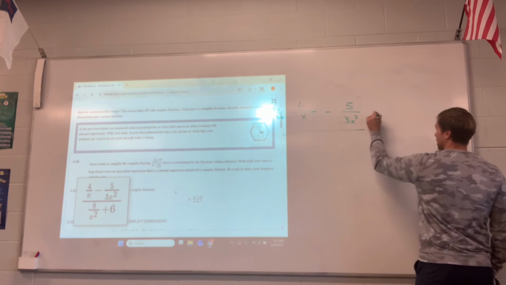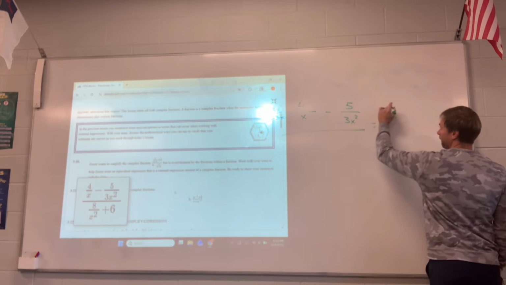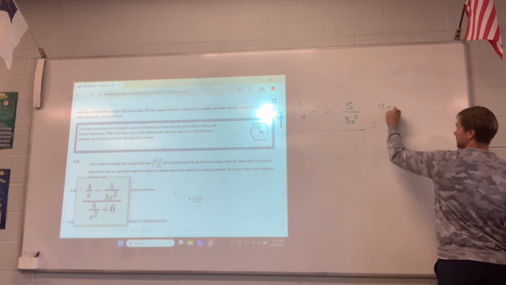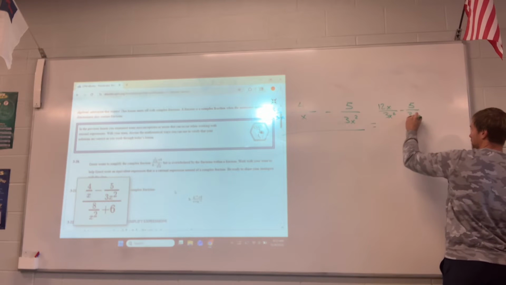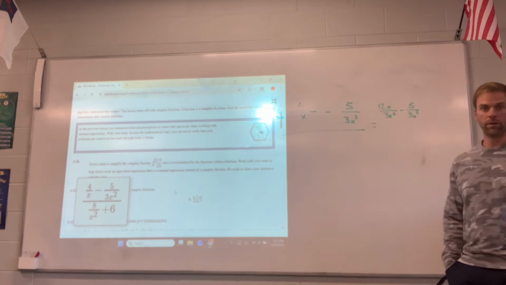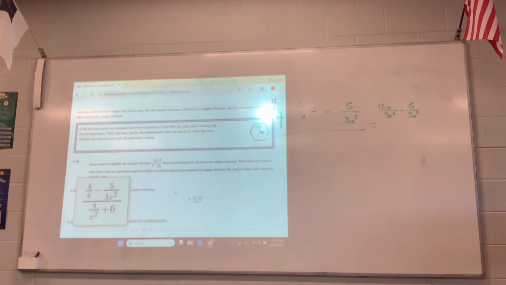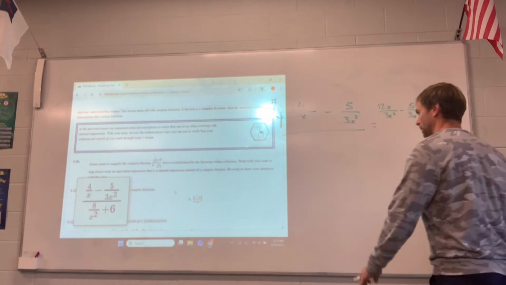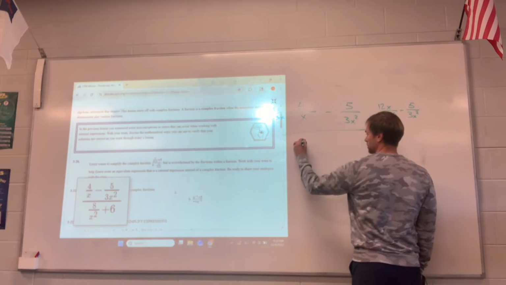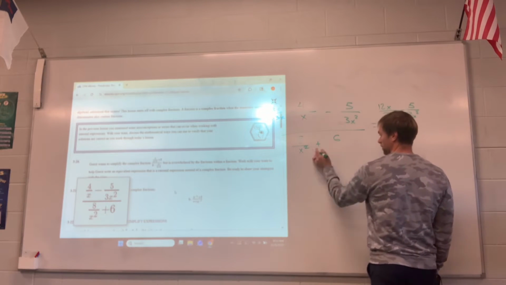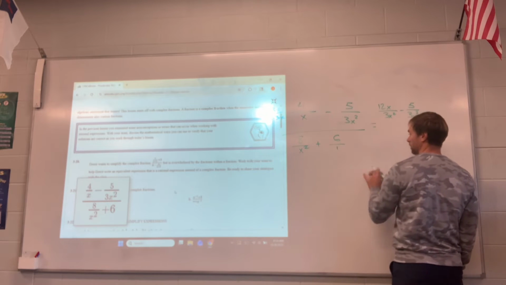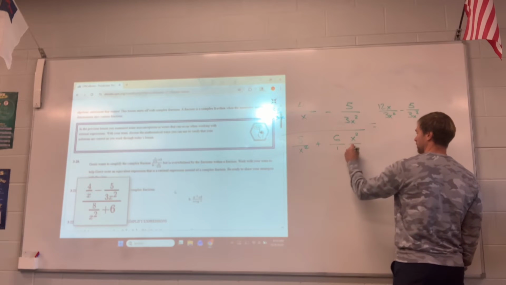So what does this become? 12x over 3x squared minus 5 over 3x squared. Common denominator? Yes? Okay. What about the bottom? 8 over x squared plus 6. What do we need? x squared.